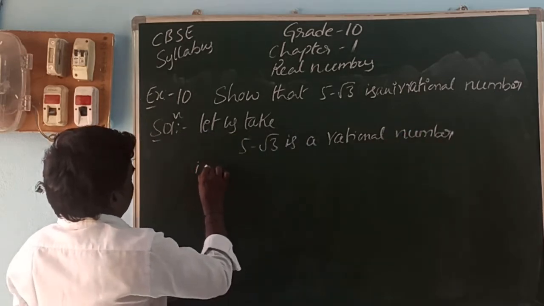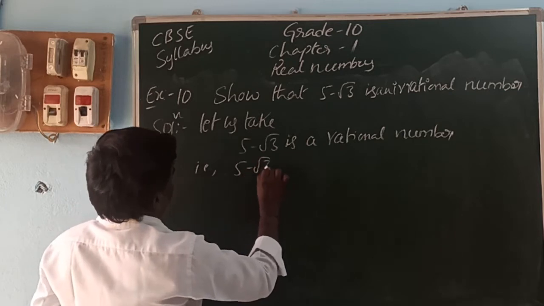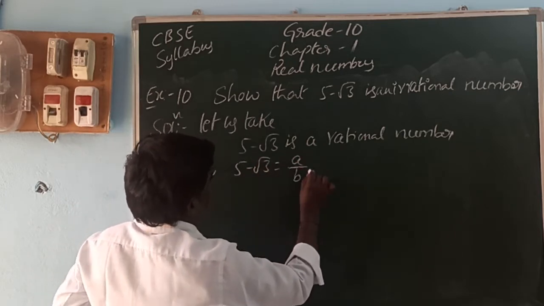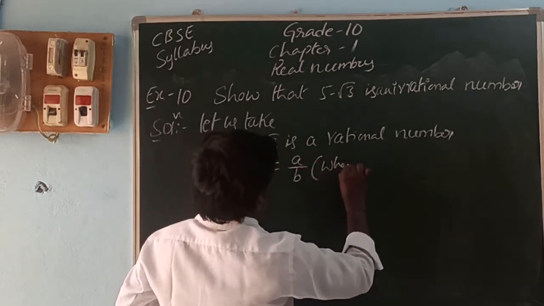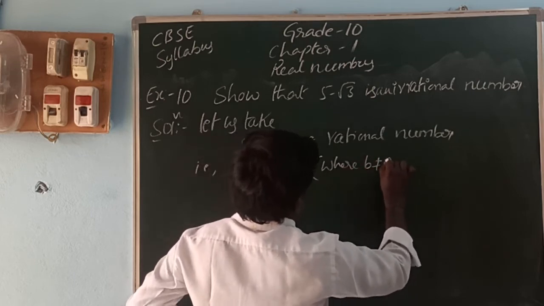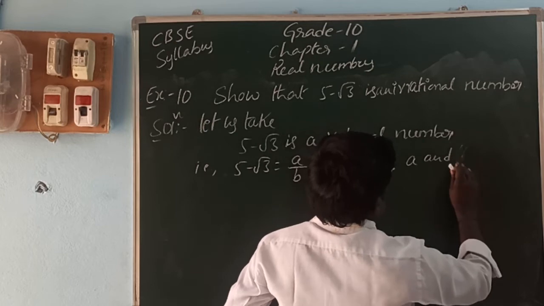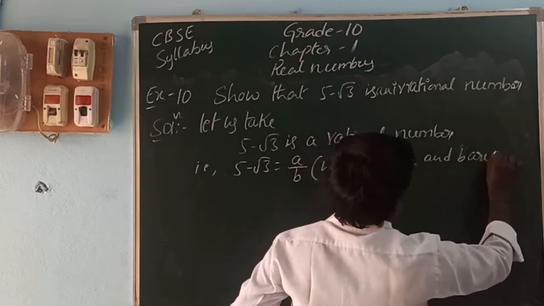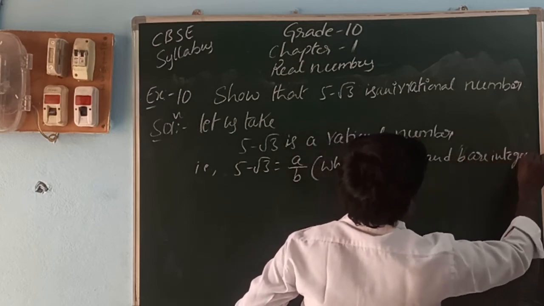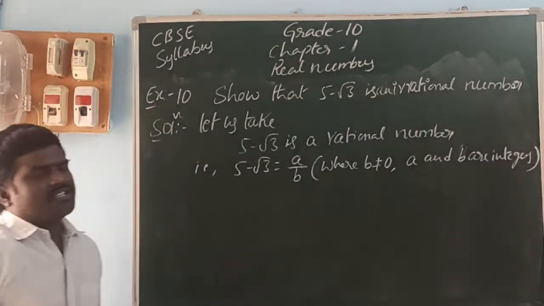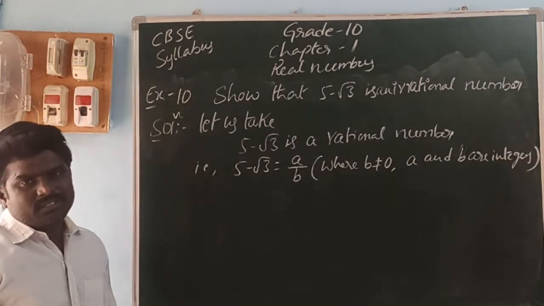Here, that is 5 minus root 3 is equal to a by b, where b is not equal to 0, a and b are integers. Okay, integers means positive, negative and 0.